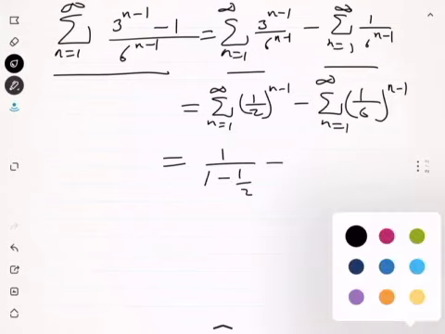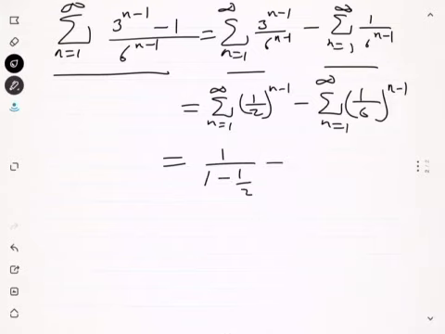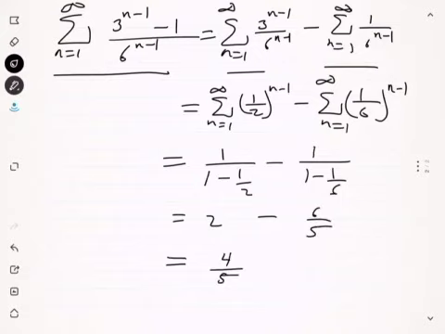And for the second series, the first term is 1 and the ratio is 1/6, so 1 divided by 1 minus 1/6. You get 2 here, you get 6 over 5 here, so altogether you get 4 over 5. So that's the value of the original series.